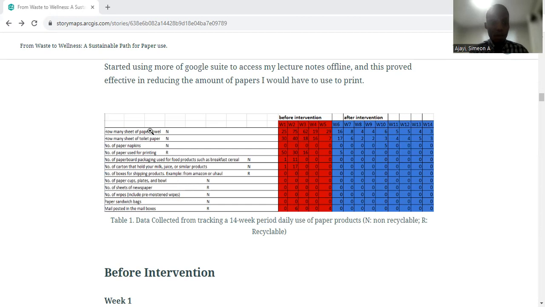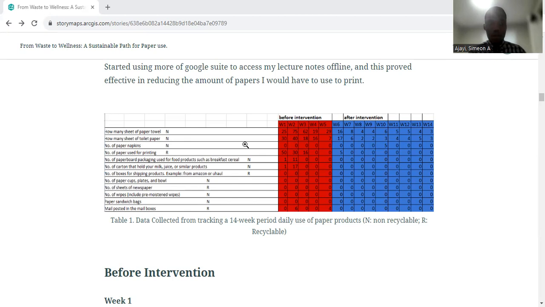The classes of paper used were: sheets of paper towel, toilet paper, paper napkins, paper used for printing, paperboard packaging used for food products, cartons for shipping products, for example from Amazon, paper cups, newspapers, wipes, paper sandwich bags, and mail posted in mailboxes. These were the paper products I used for the project.